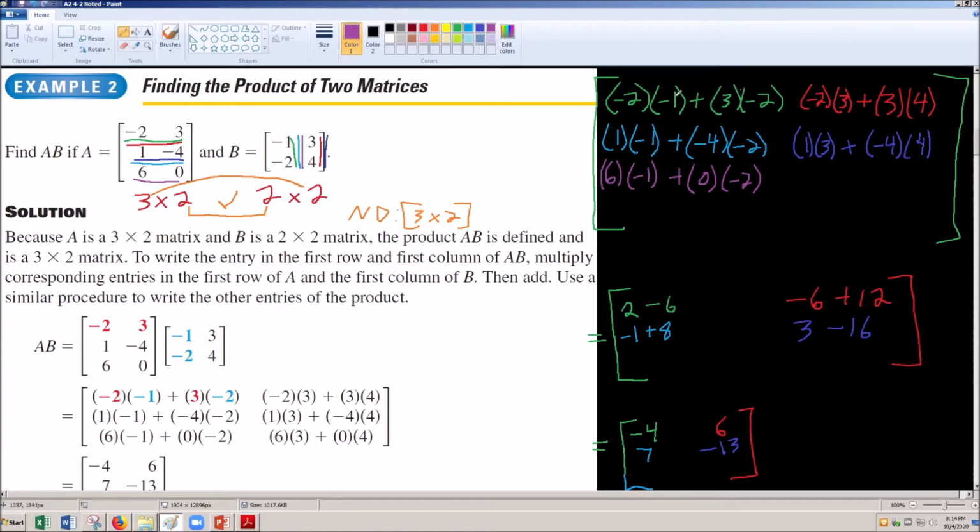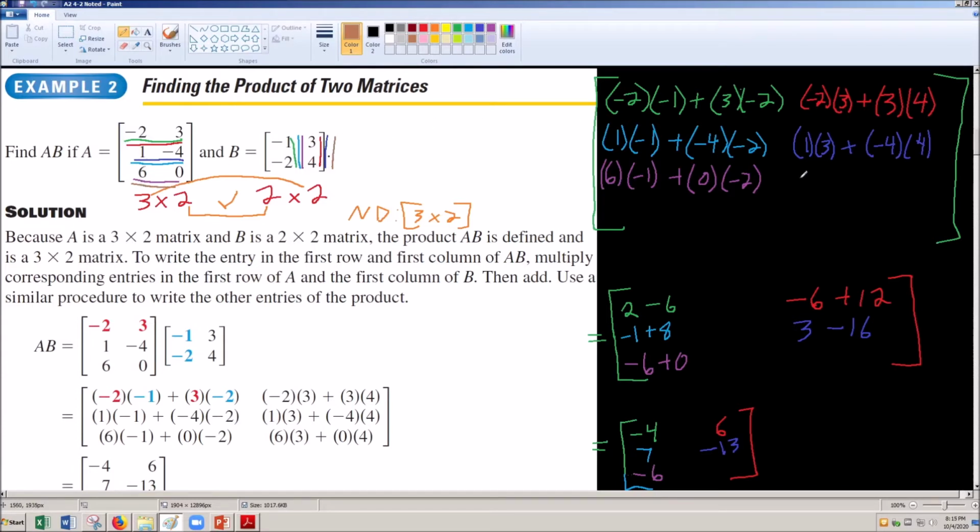If you keep consistently writing it in the same order, it helps organize your thoughts. And then I'm going to add these up. So I get -6 here, and I'm adding a 0, so that's nothing. Stays as -6. And now for my last one, we'll do this light brown color. I have 6 and 0 going with my second column here.